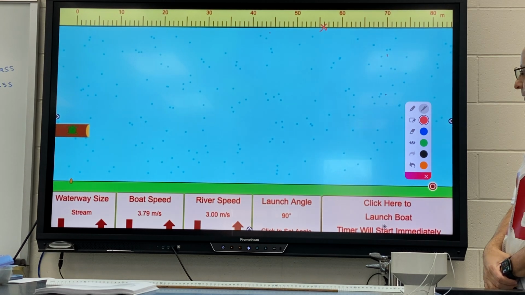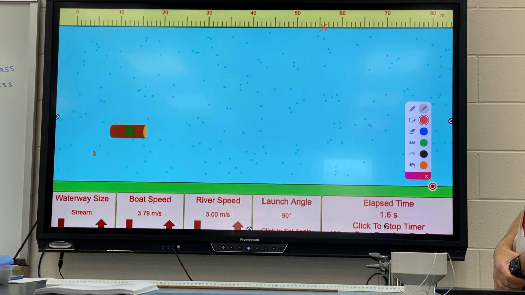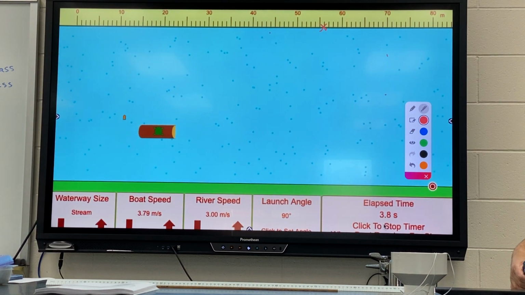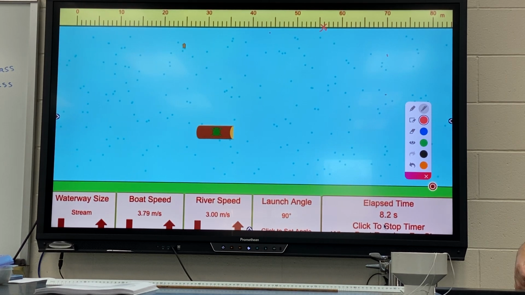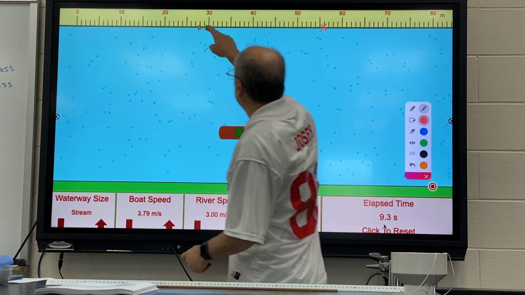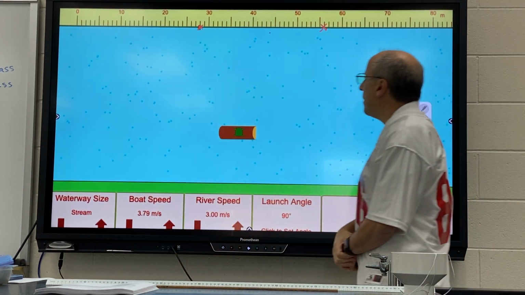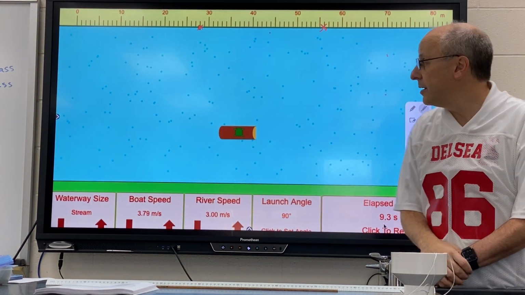Now we're going to lower our river speed to 3, wait for the log to pass, fire it, and we see it took exactly the same amount of time to cross the river, but we can see that the drift was half as much as it was before.